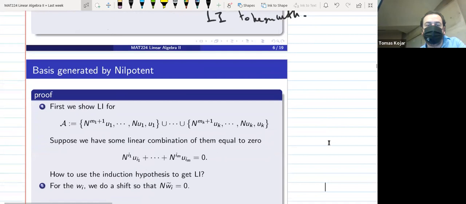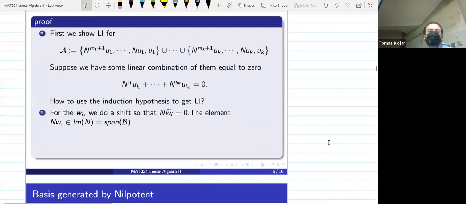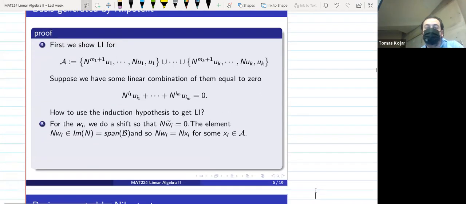Now we have to get it for the last part. And we're going to do the following trick. N w_i is an image of N, just by writing it like this. But by induction, we have this result. So this is the magic here. That means you can write N w_i as N x_i for some x_i from here.